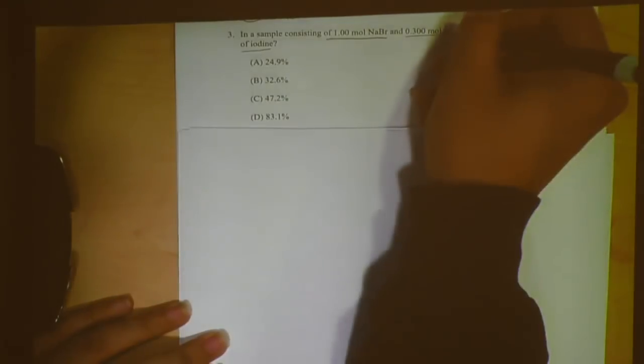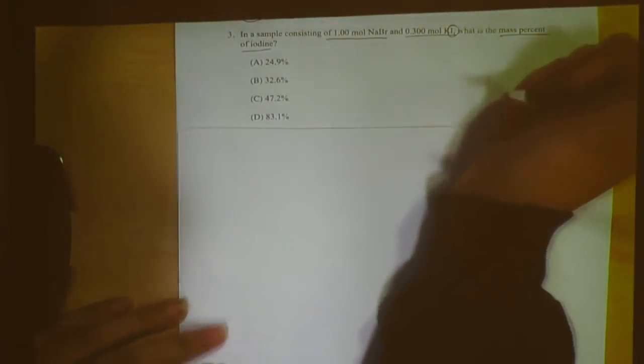And it's asking you for the percent of iodine. So iodine here is obviously I. And in this sample, you have 1 mole NaBr plus 0.3 mole KI.